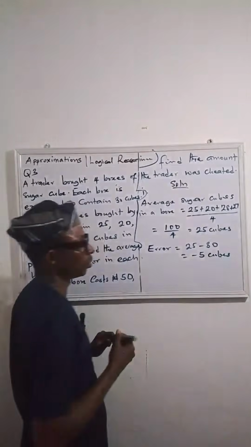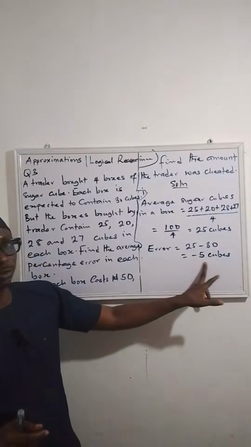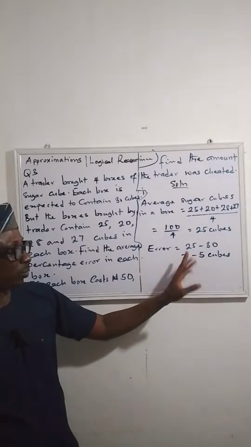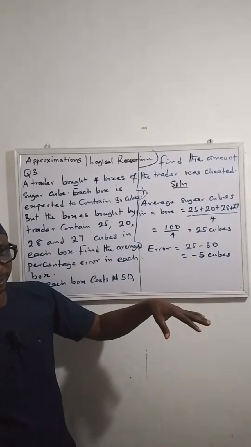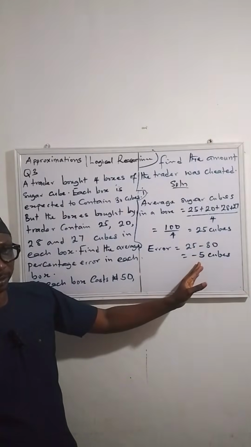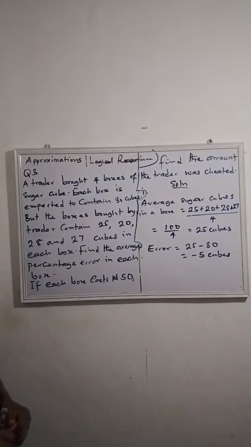Okay, so now it is minus because it has been reduced by 5 cubes. We understand now, though, the negative is immaterial. Even if I have 30 minus 25, it's still correct.